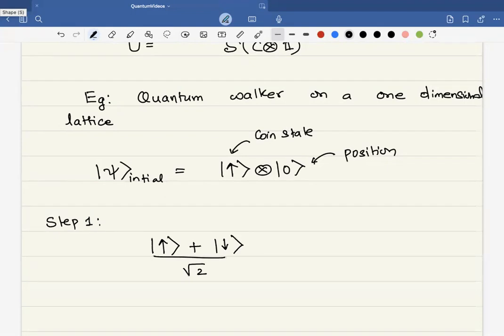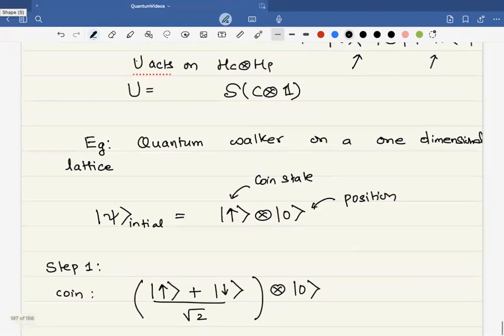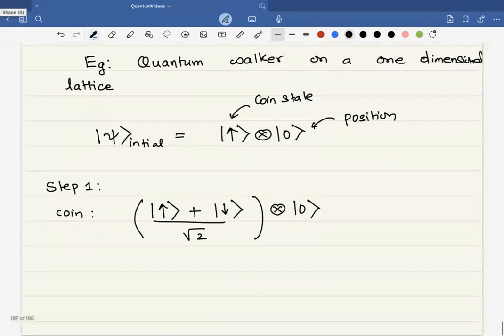So this is the coin acting on the coin space. This is the first part of the one-step unitary. We have done this part. And now the next is the shift operator. So shift, what does it do?